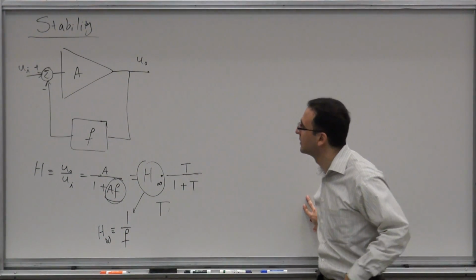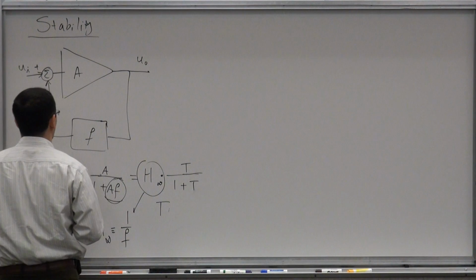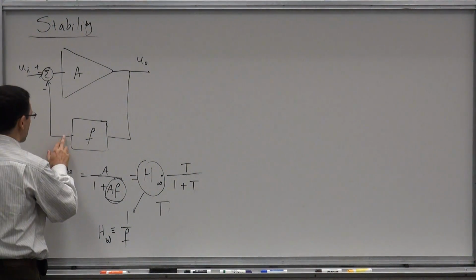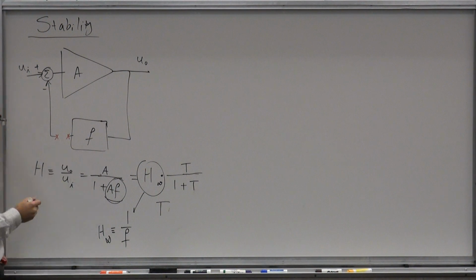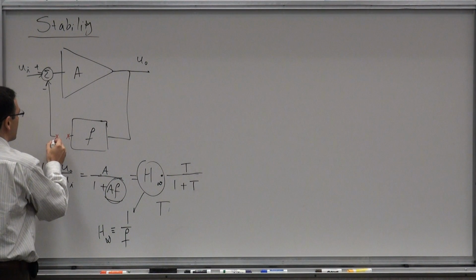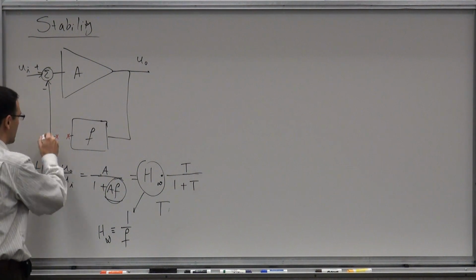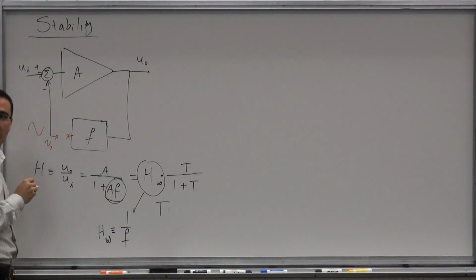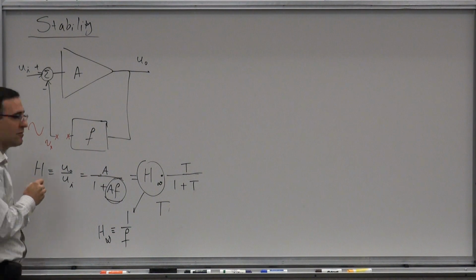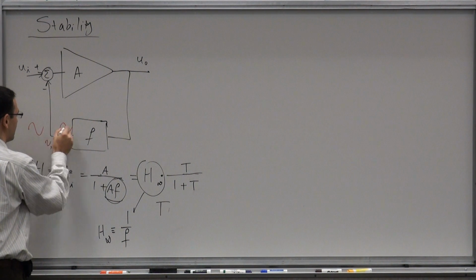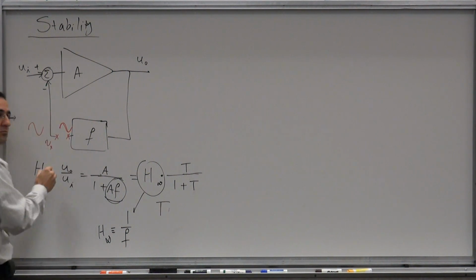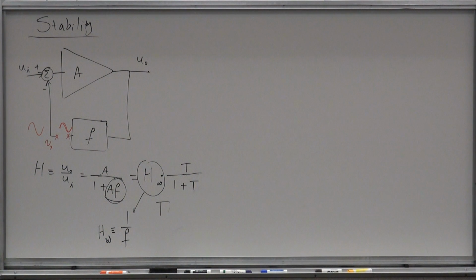A little bit more. If I were to break this loop, let's say somewhere, it doesn't matter where you break it in abstracted form, and you apply some signal, Vx, let's say some sine wave, and the sine wave comes back exactly the same phase and the same amplitude.